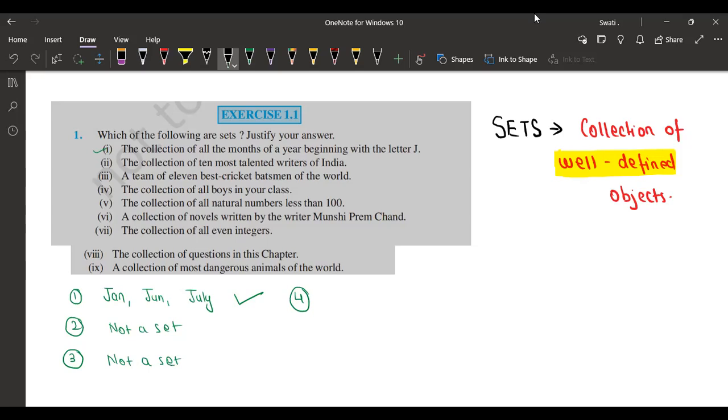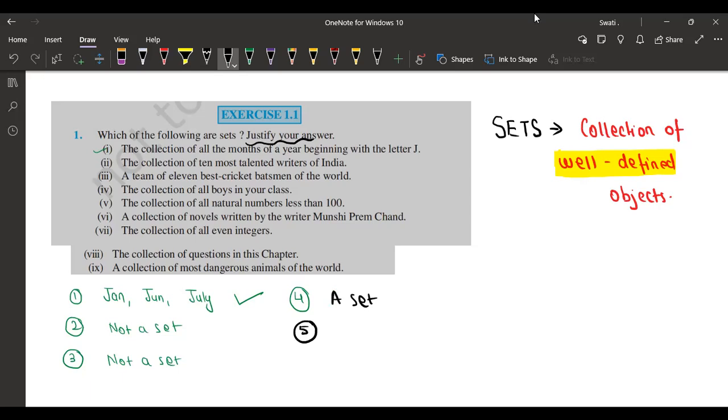That is why the collection of all boys in your class is well-defined. And because it is well-defined, because you are sure of your answer, it is a set. And what is the reason? Because the question asks you to justify your answer, the only reason you can give is that it is well-defined. And for what is not a set, you can say it is not well-defined.